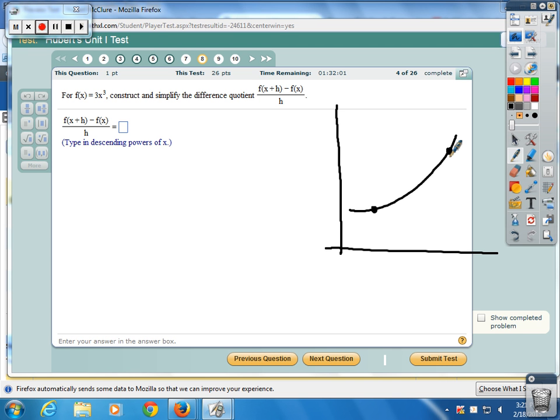But I want to find the slope of that blue line. How do I do it? Well, how do you find the slope? y sub 2 minus y sub 1 over x sub 2 minus x sub 1, right? Delta y over delta x, rise over run, vertical over horizontal, however you learned it.